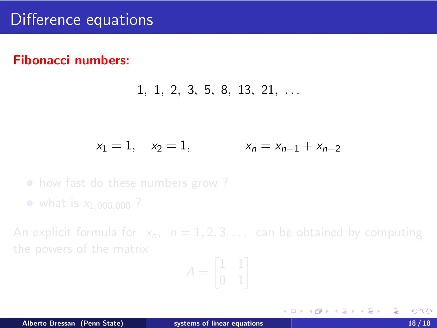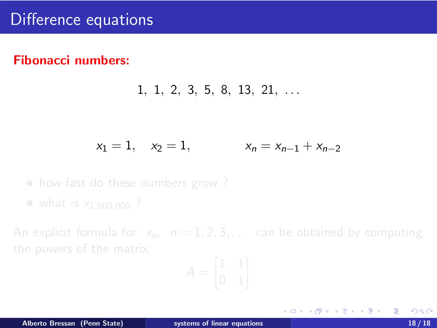Tangentially related would be something we probably are familiar with, called Fibonacci numbers. So this is a famous sequence of numbers. Given the first two, 1 and 1, the next one is generated by adding up the previous two. So 1 plus 1 will get 2, and then 1 plus 2 will get 3, and then 2 plus 3 will get 5, and so on and so forth.